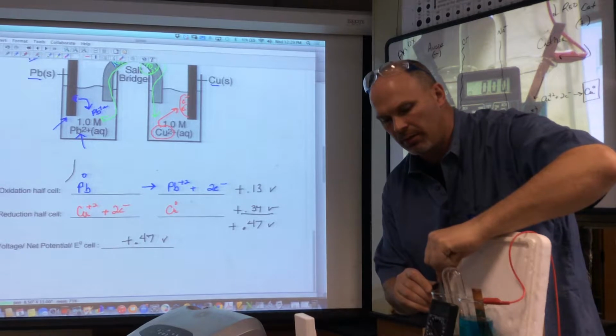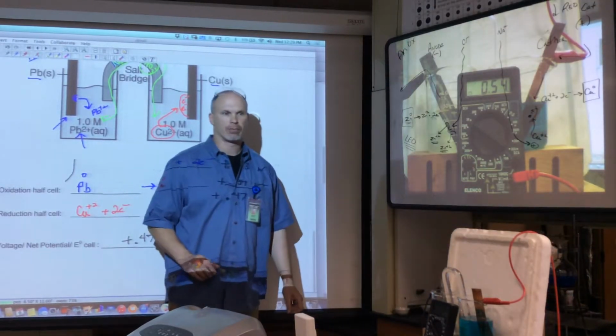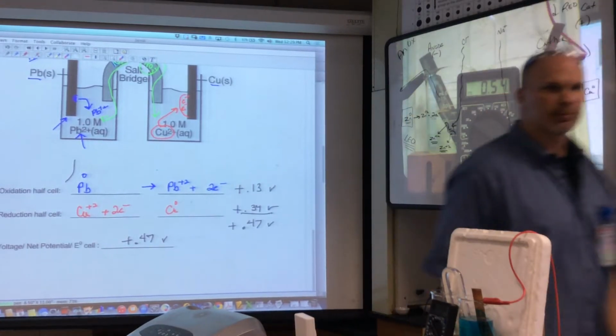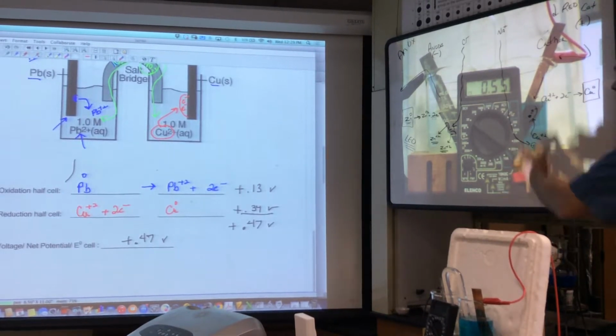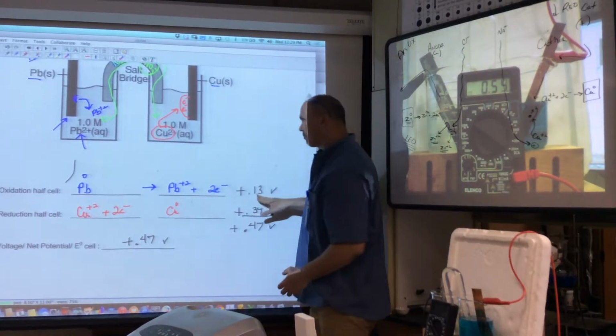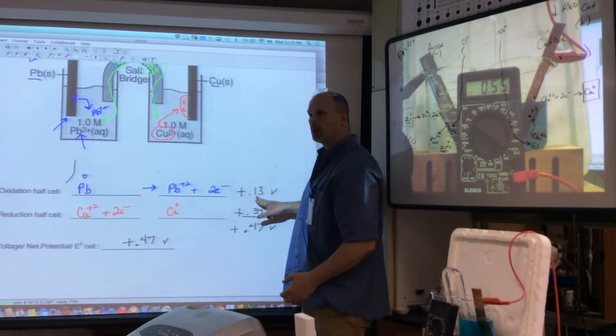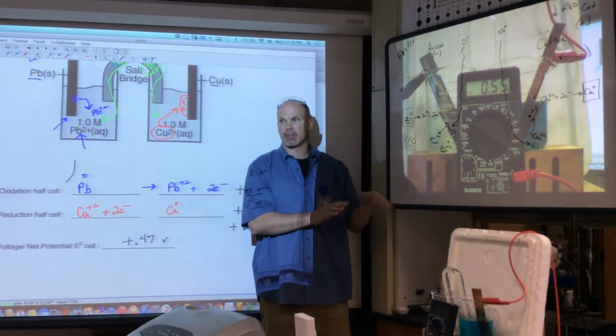The push and the pull. Where did my voltage go? I went down. Why did it go down? Because lead is not good at pushing as well as zinc was. Copper plus 2 is still doing the pulling, which adds to it. But lead isn't good at pushing as well as zinc does. So therefore the voltage is less.